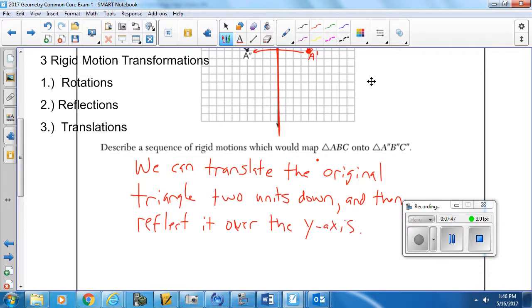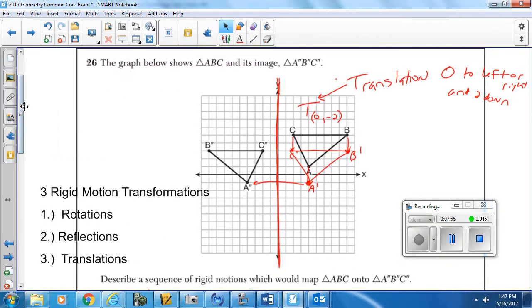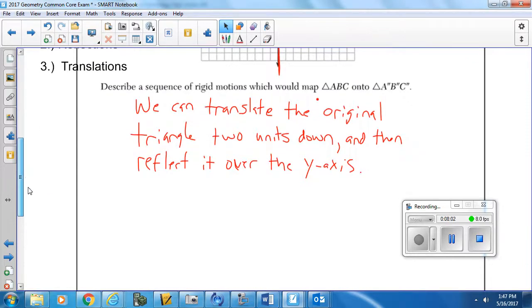Okay, so that is a sequence of rigid motions which would map triangle ABC right onto A double prime, B double prime, C double prime. All right, there we go.